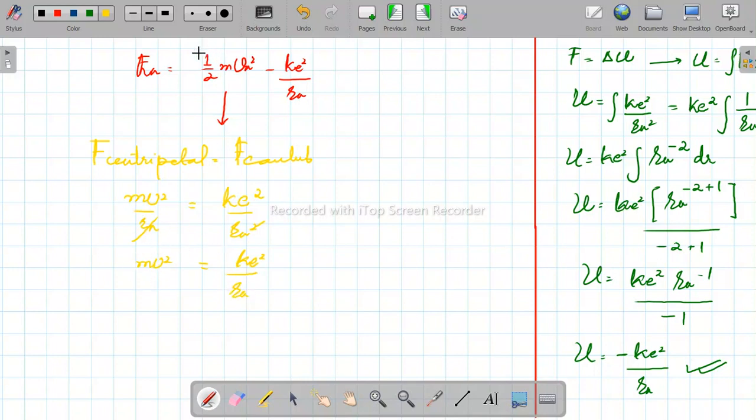And we can see that only a half is missing here, right? So we'll multiply this side of the equation with half to get half mv square. And in order to balance what we did on the left side, we have to multiply this side with half as well, right? So we get this equation here. Now we are going to replace this value in this equation.